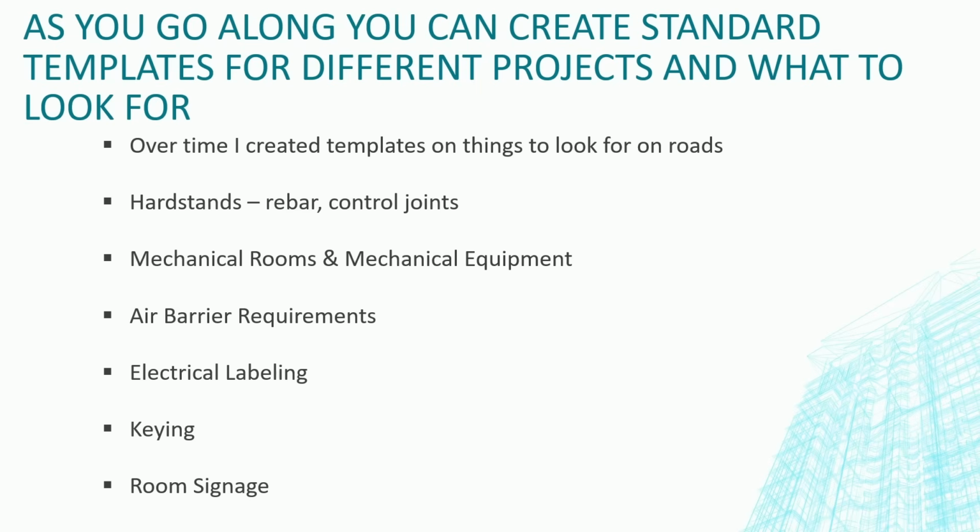I had a hard stand for rebar and control joints, templates for mechanical rooms and mechanical equipment, air barrier requirements like we talked about. Electrical labeling can sometimes be tricky, so we've had different templates for different clients for that. Keying and room signage. So that again kind of mirrors our first slide when we talked about QC items to look for. But this is the kind of templates that you're going to make over time.